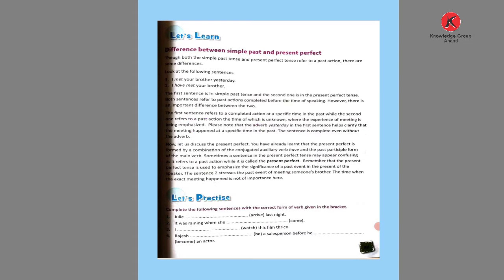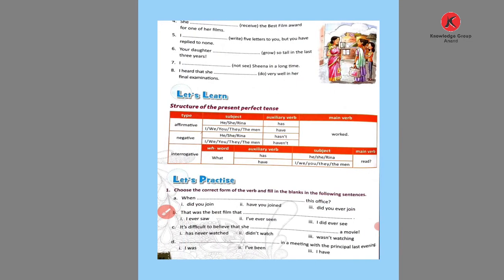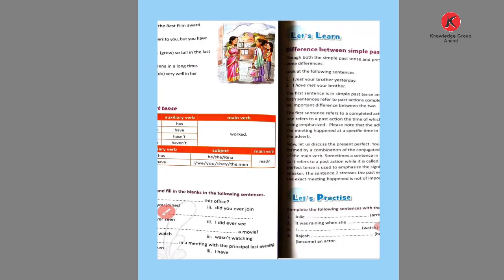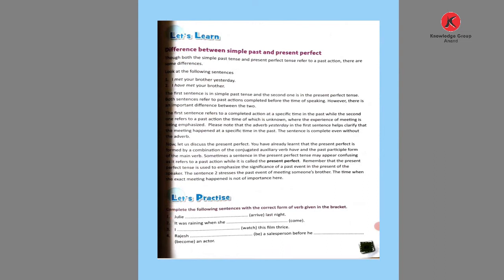What do we use in the simple past tense? We use the past form of the main verb. And in the present perfect, we use the past participle. This is the difference.